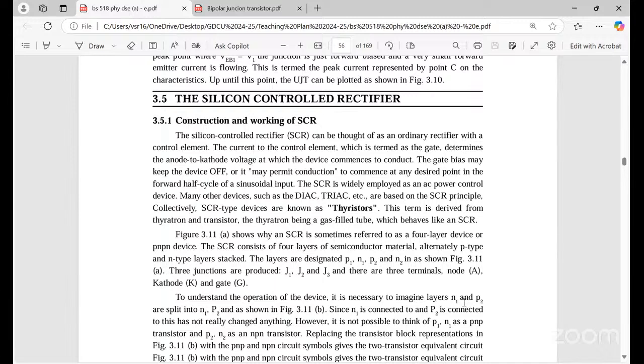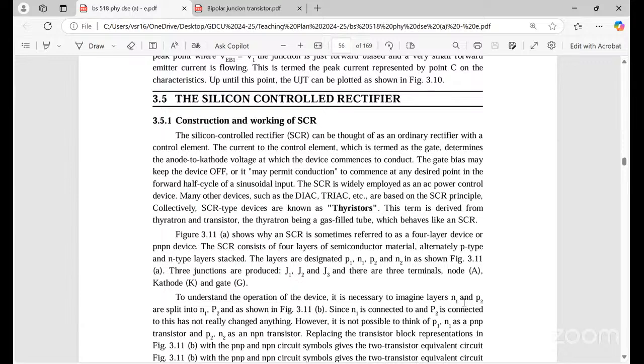Gate bias may keep the device off, or it may permit conduction to commence at any desired point in the forward half cycle. So the silicon controlled rectifier is widely employed as an AC power control device. Okay, alternating current power control.